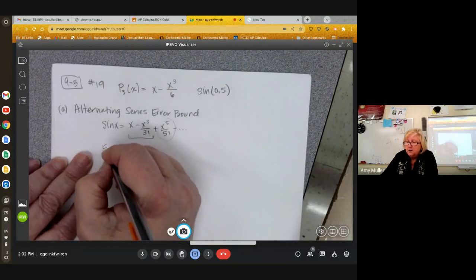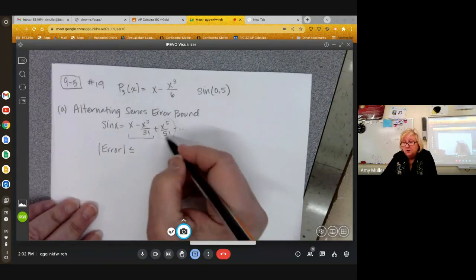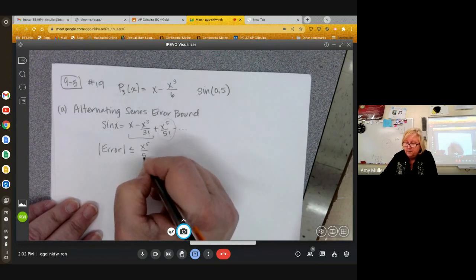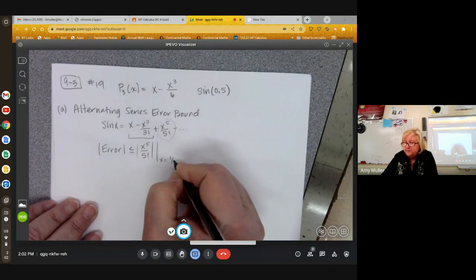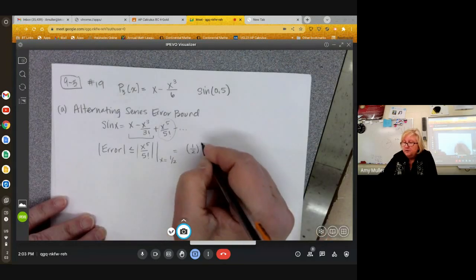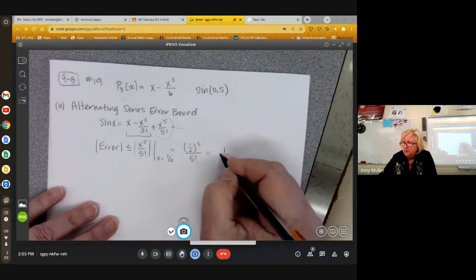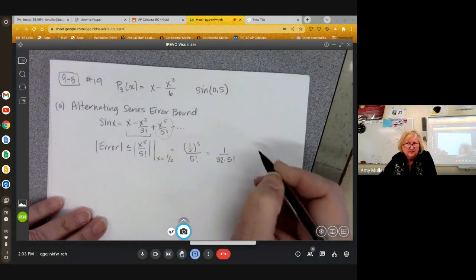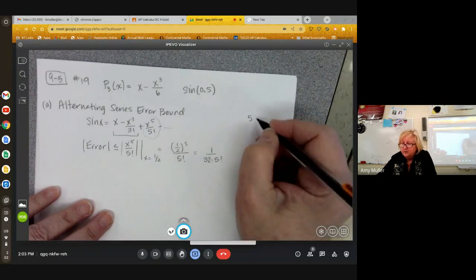So I can say the absolute value of the error is going to be less than x to the 5th over 5 factorial, such that x equals 1/2. So we just plug 1/2 in. So this is going to be 1/2 to the 5th over 5 factorial, which is equal to 1 over 32 times 5 factorial. Now 5 factorial, I think, is 120. Yes. Okay.